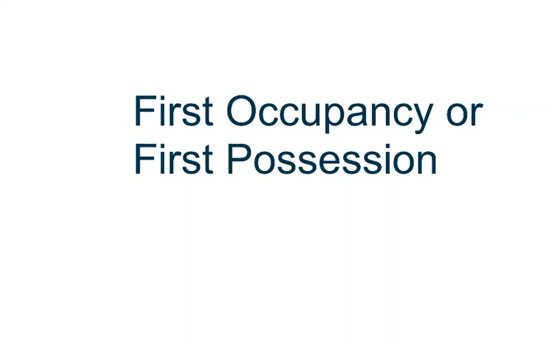It's a very simple rule. If a property is not being possessed by someone, then it's fair game. The first person that possesses the property should receive ownership. Now, while this is an easy rule or law to enforce, first come, first served, it has some moral implications.